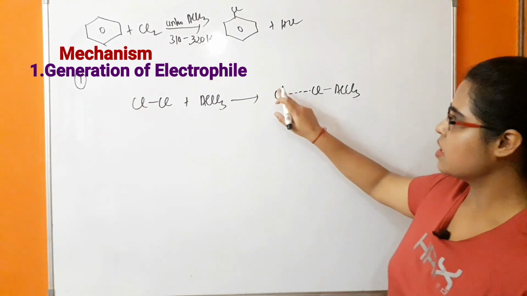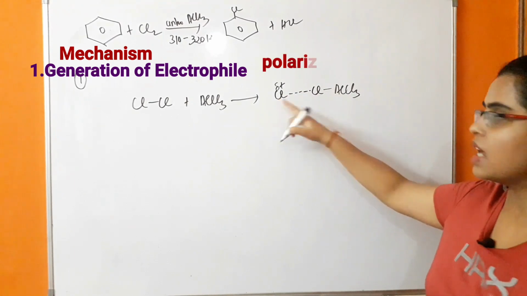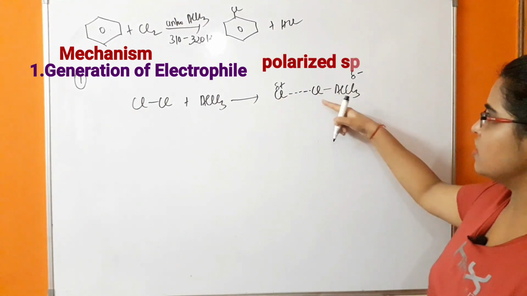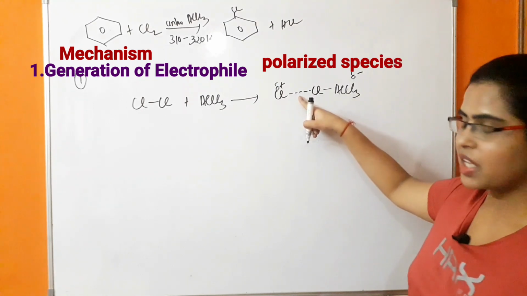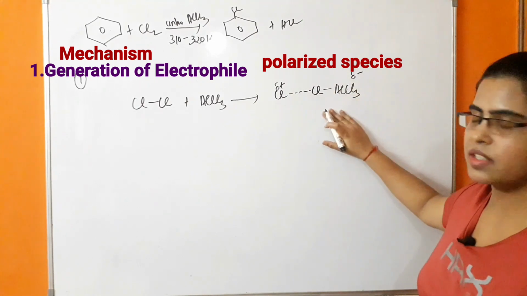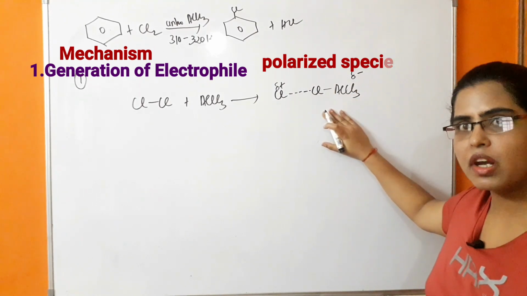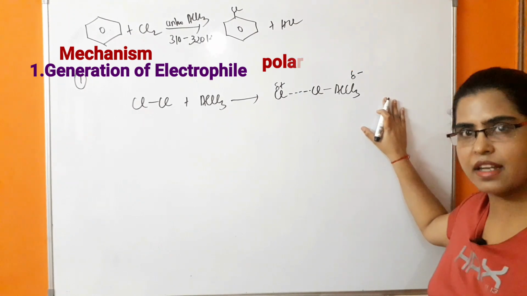So in this case, there will be partial positive charge on this chlorine and partial negative charge on this part. So this bond is becoming longer than the normal covalent bond. Because of that, this is behaving as a polarized molecule. These Lewis acids are behaving as a halogen carrier.